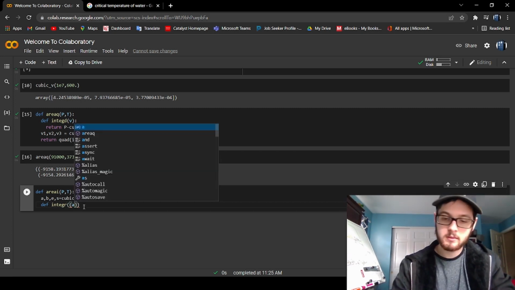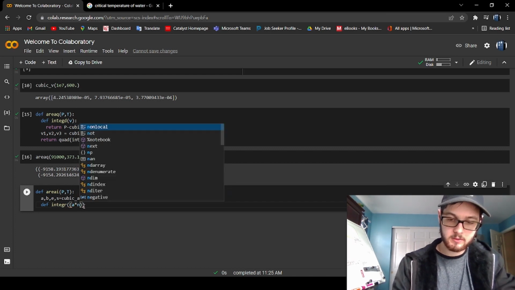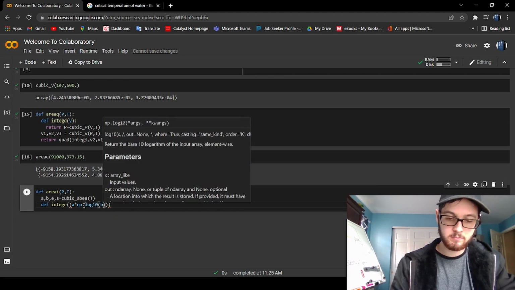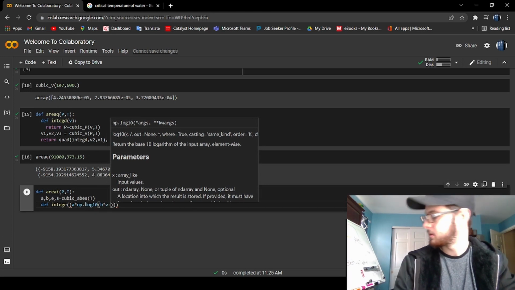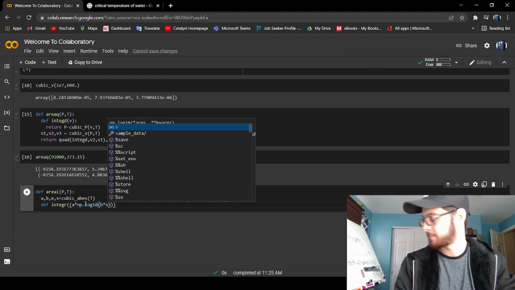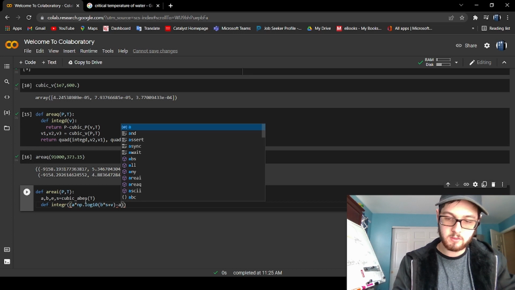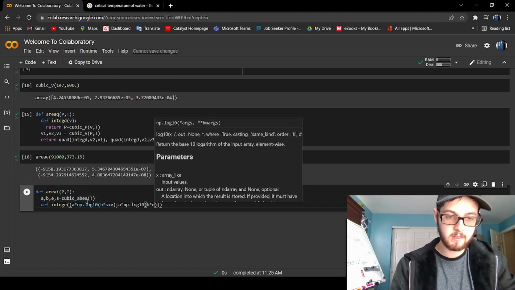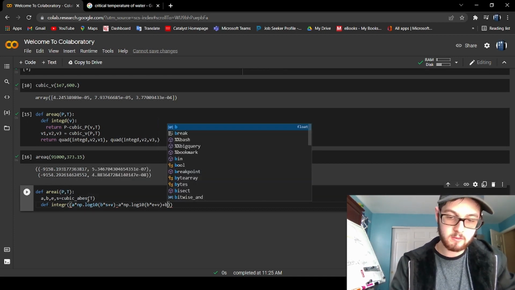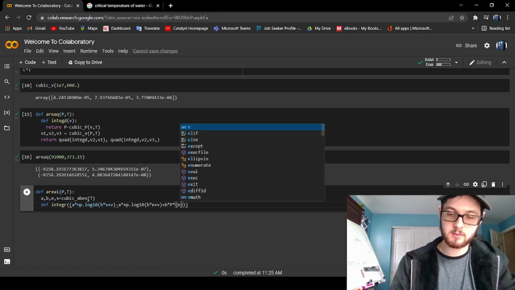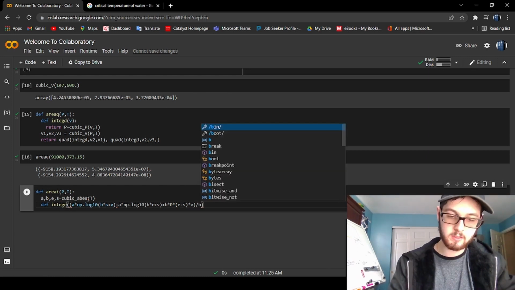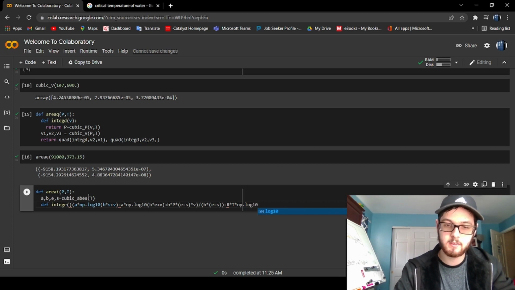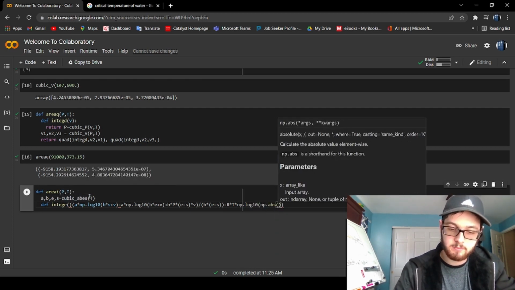This is a long one: A times numpy log10 of b times v plus b times sigma plus volume, minus a times numpy log10 of b times epsilon plus v, plus b times p times epsilon minus sigma times v over b times epsilon minus sigma, minus r times t times numpy log10 of the absolute value of b minus v.